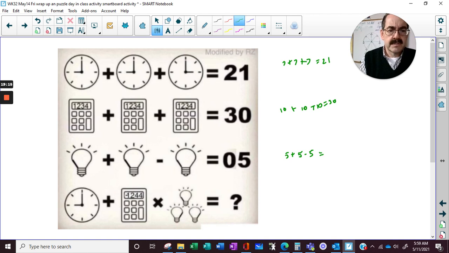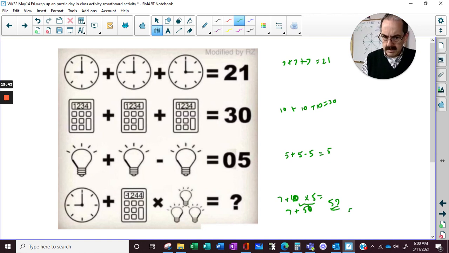This equals 5. So now this one is 7 plus 10 times light bulbs, which are 5. 57. Alright, in a hurry, 57.